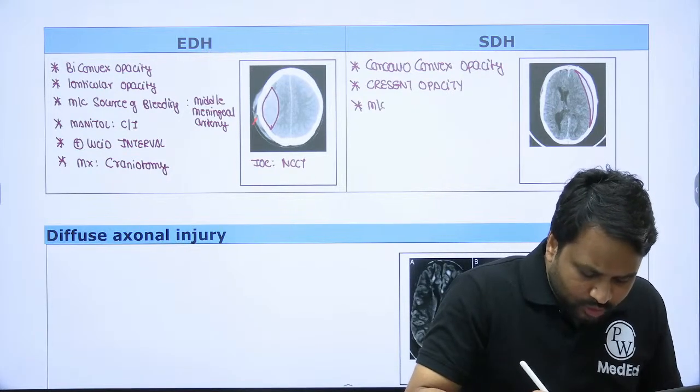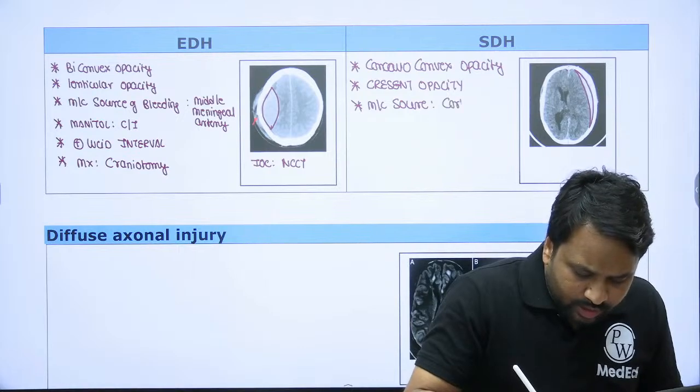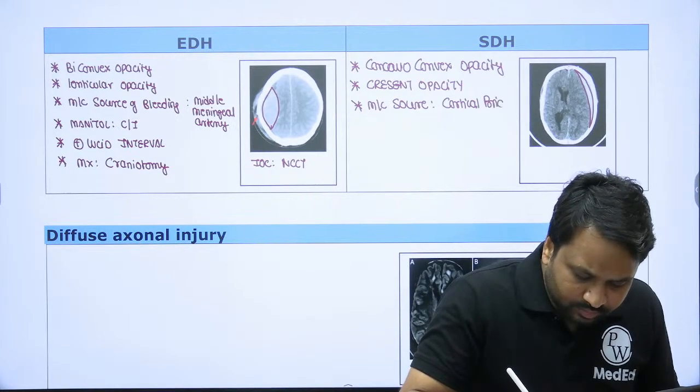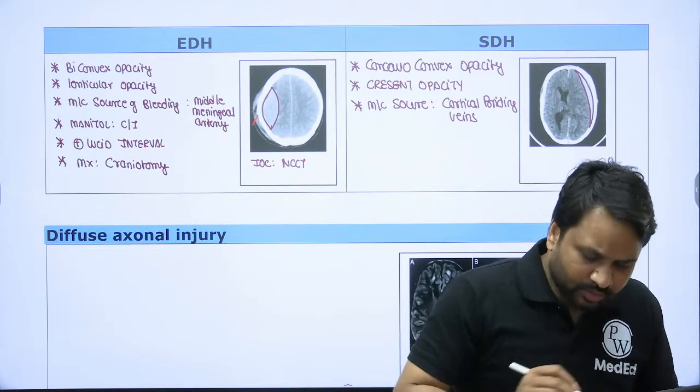The most common source of bleeding here is going to be the cortical bridging vein.